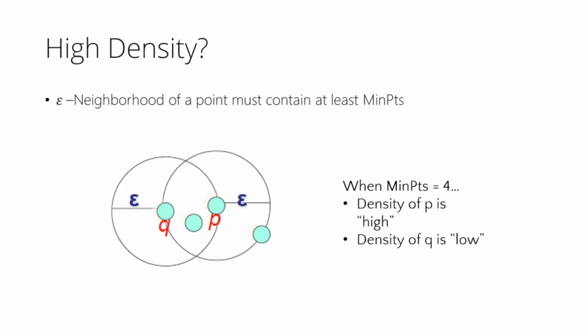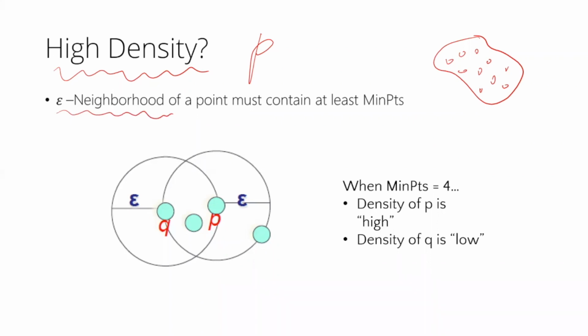Now, with those two parameters defined, we're going to define a few other things. Again, the idea is to cluster data points based on density. We're going to essentially differentiate low density points and high density points. And like I just said, in order for a point P to be a high density point, the epsilon neighborhood of that point P must contain at least min points.